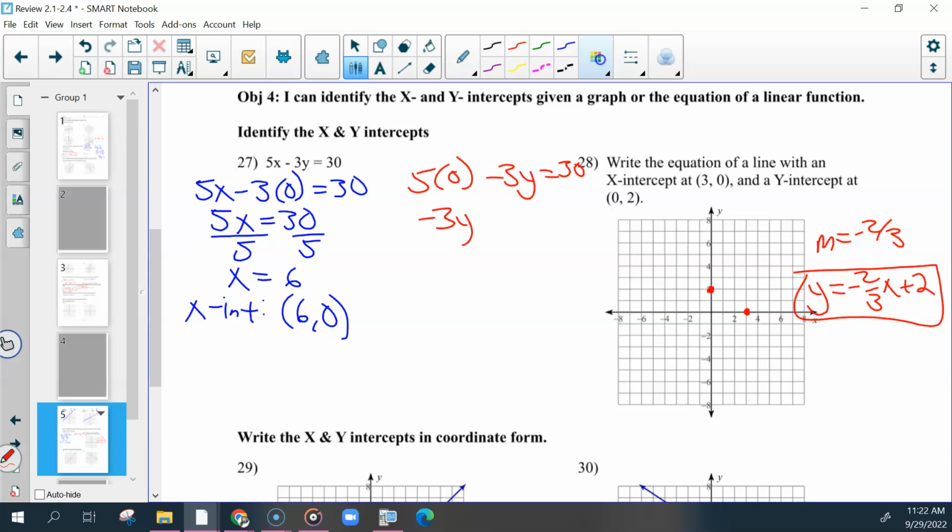The negative 3y equals 30. And solve for y. Again, label and put that as an ordered pair. Any other questions?